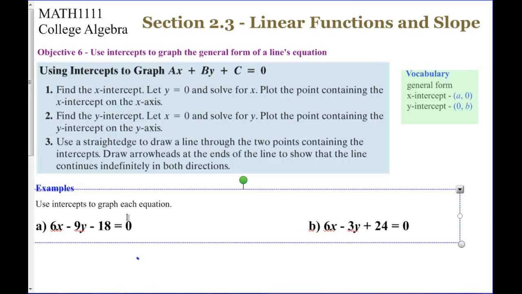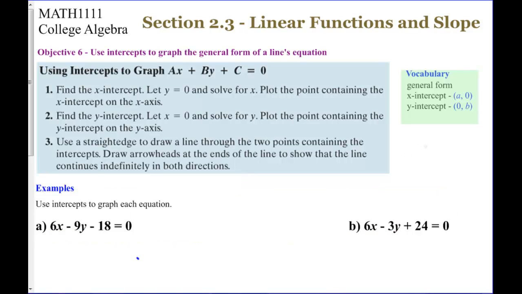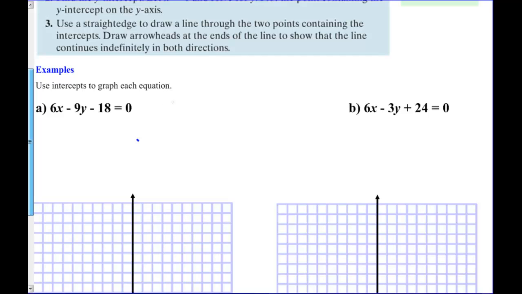So we're going to use the intercepts to graph the equation. Whenever MyMathLab says use the intercepts to graph, it means it. We know that the y-intercept has a 0 for x, and that the x-intercept has a 0 for y.